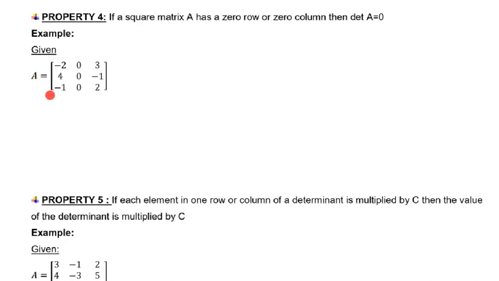So, in our given example, yung column 2 natin is 0. So, lahat ng elements sa column 2 is 0. So, yung magiging determinant daw natin dito sa A is equal to 0. Kasi meron tayong 1 column na 0 ang element. So, yung determinant natin is 0.